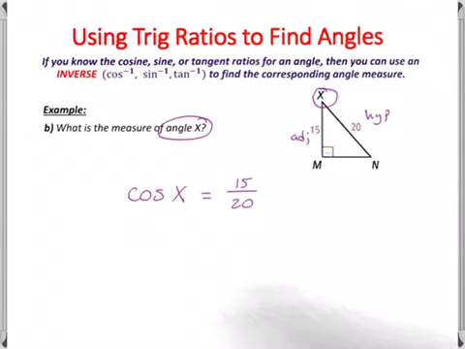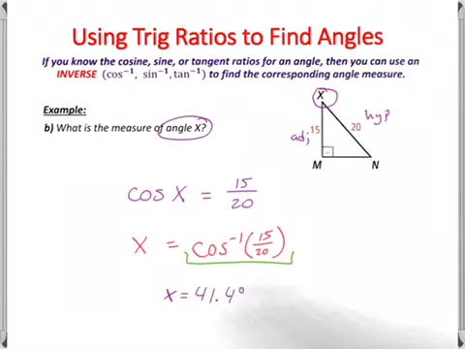If I'm looking for the angle measure, I'm going to use the cosine inverse, and instead of having x there, I'm going to put the ratio there. And this should tell me what x equals. So if I plug the cosine inverse of 15 over 20 into my calculator, I should get that x is right around 41.4 degrees, or if we want to round down, we can just say 41 degrees.